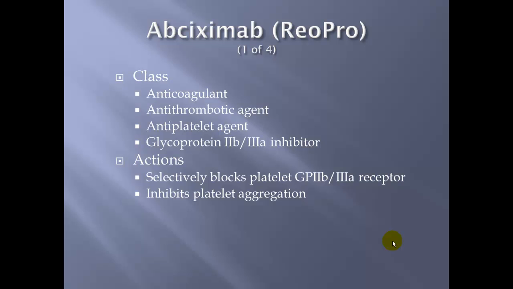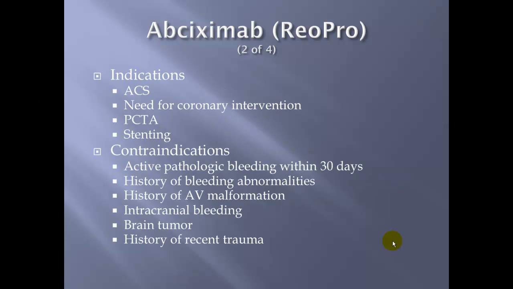ReoPro. Class: anticoagulant, antithrombotic agent, antiplatelet agent. It's a glycoprotein 2b3a inhibitor as well. Actions: selectively blocks the platelet glycoprotein 2b3a receptor, and again it inhibits platelet aggregation, the clumping together or sticking together of platelets.